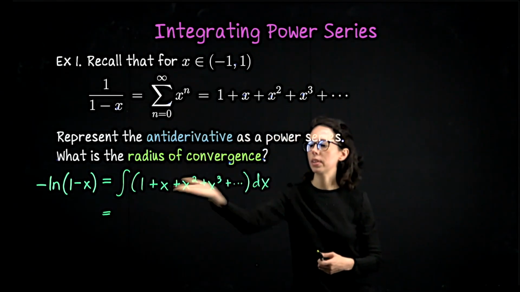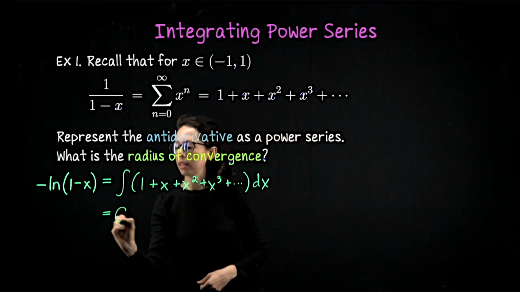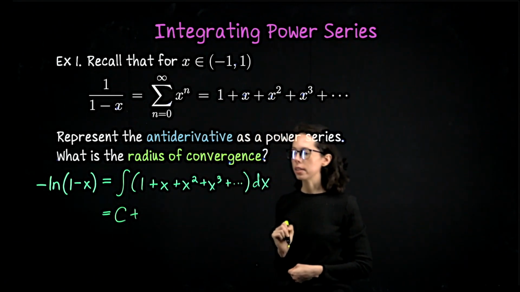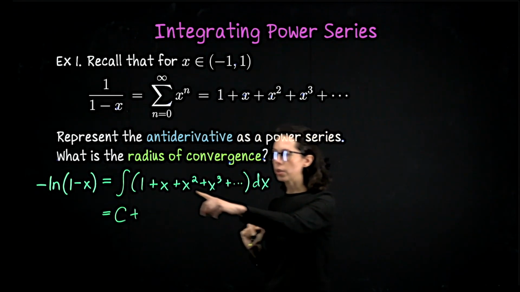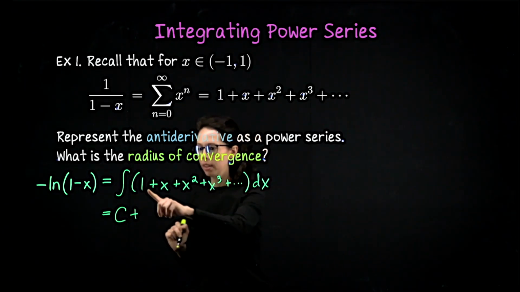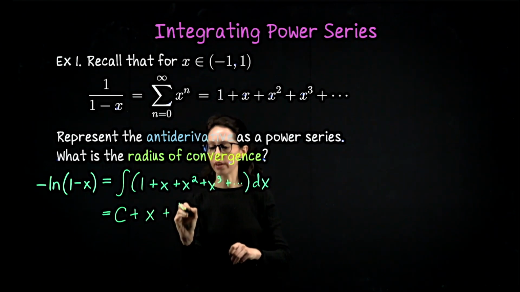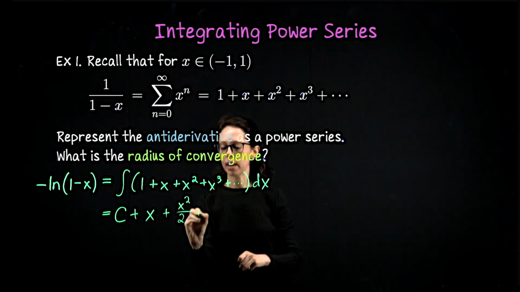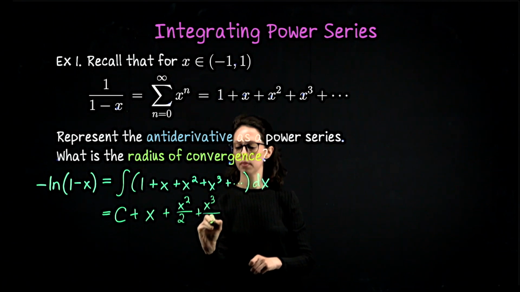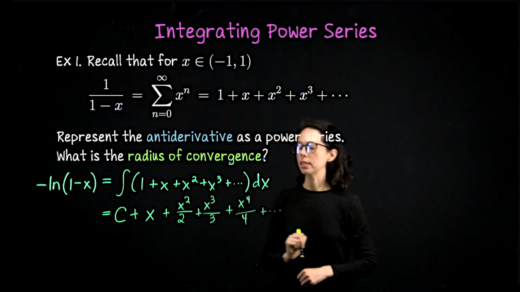Because this is an infinite sum, I'm going to write the plus c first. So c plus, okay, that's my constant of integration. Now let's go through term by term and anti-differentiate each of these expressions. The first one is x, then x squared over 2, then x cubed over 3, then x to the 4th over 4, and we continue in that way.